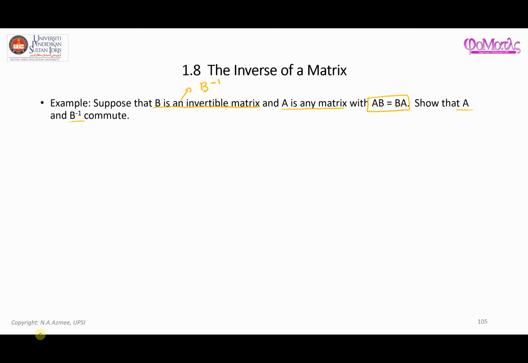So what does it mean really? It means that we need to show that A times the inverse of B is equal to the inverse of B matrix times A. So this is what we need to show, and our starting point will be based on this given statement, because this statement is already true.